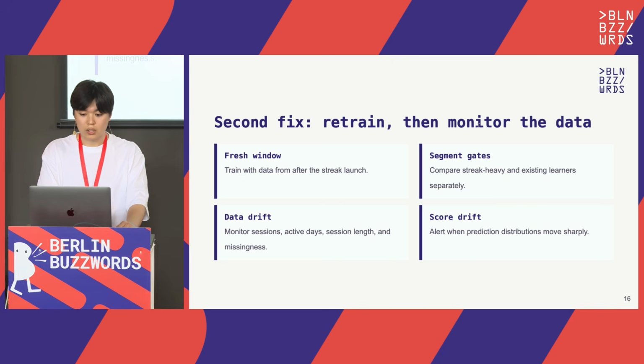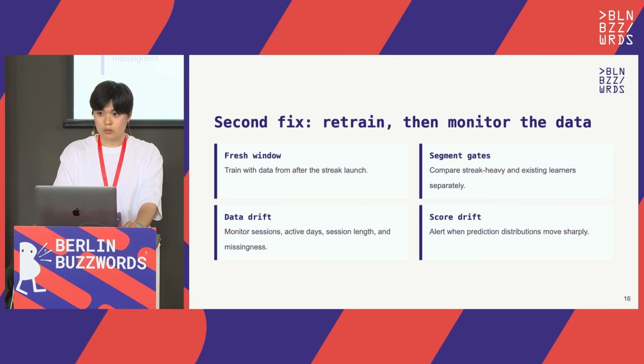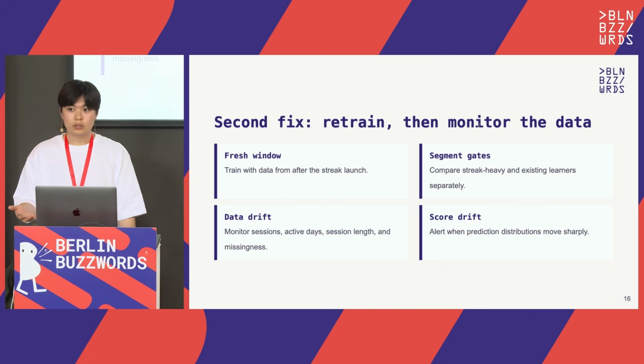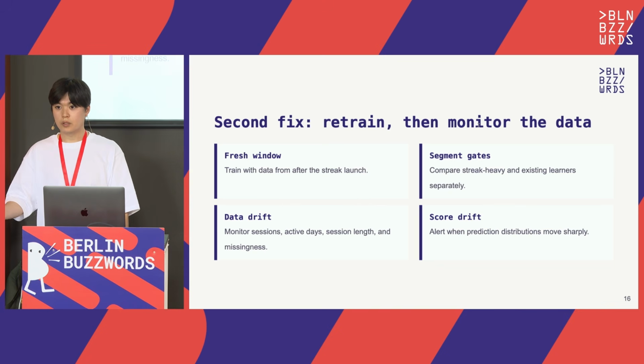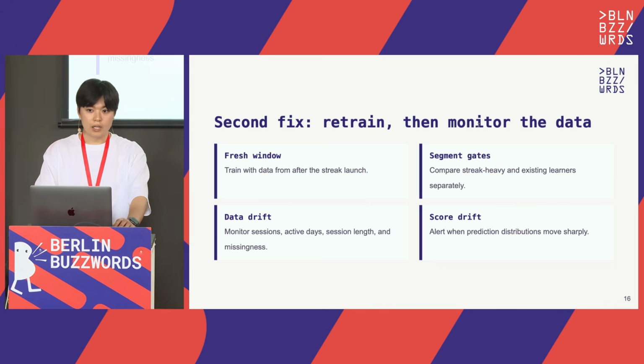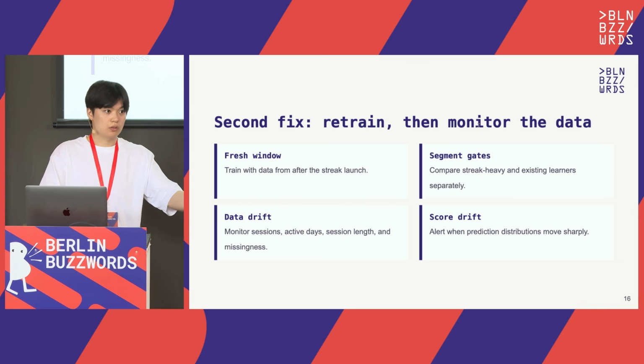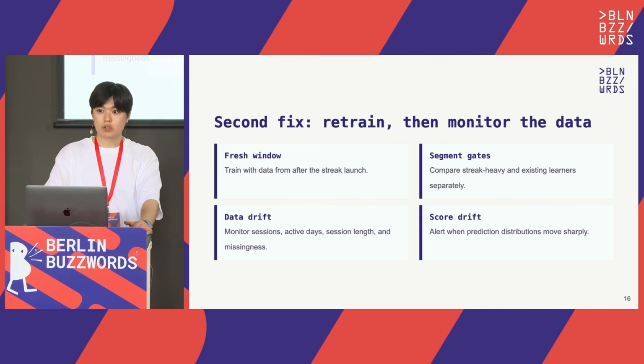And not only the probabilities of the model prediction we need to monitor, but the features themselves. As we've seen before, the streak feature directly affected the main features like average session length or the average number of sessions per day per user.